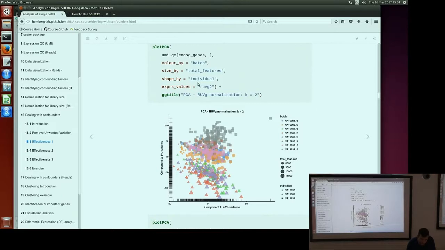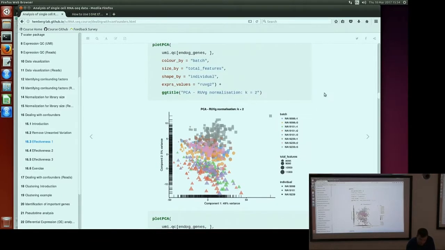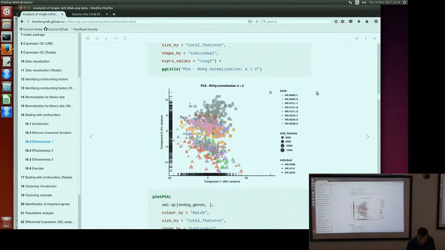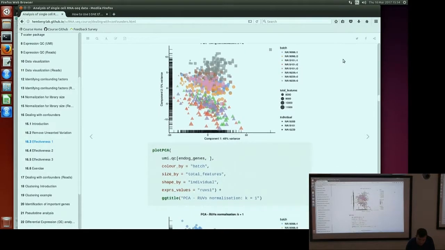If we apply the same model but with K equals 2 instead of K equals 1, we see a slightly different picture. Going from K equals 1 to K equals 2, the model is removing some variation. Component 1 now captures 48% of the variance. So whatever RUVg is doing, it is removing some variation when we fit 2 hidden factors as opposed to 1.